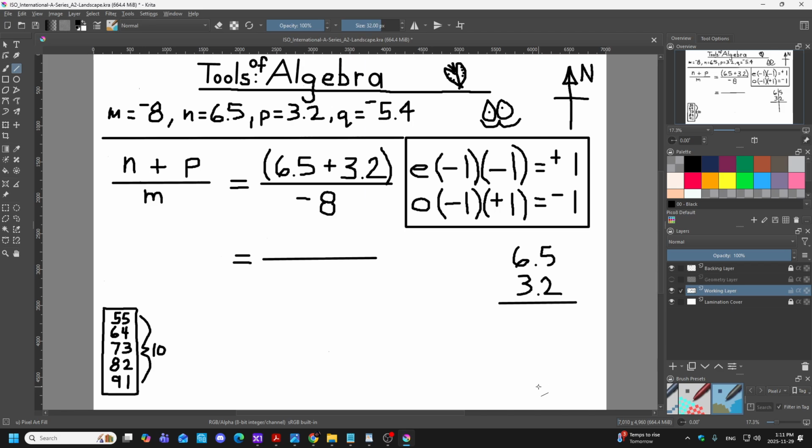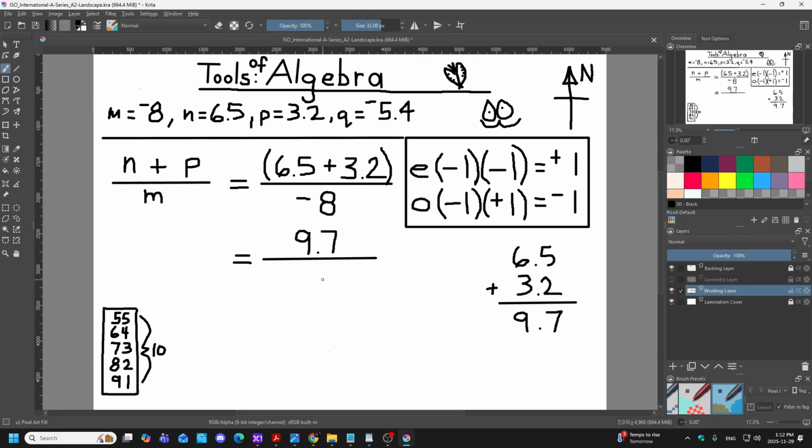Okay, always. Okay? That's what I mean. And then it's just simply adding, just like any regular addition, 5 plus 2 is 7, 6 plus 3 is 9. So we have 9.7, which is a positive.